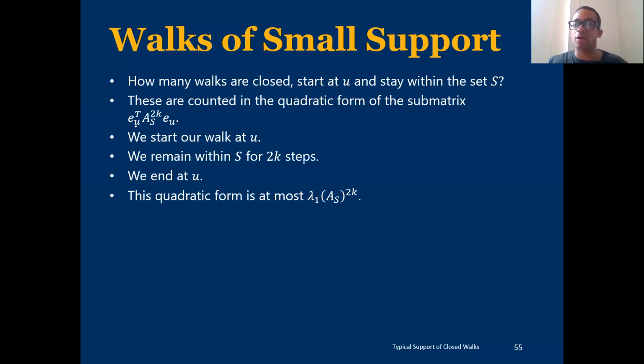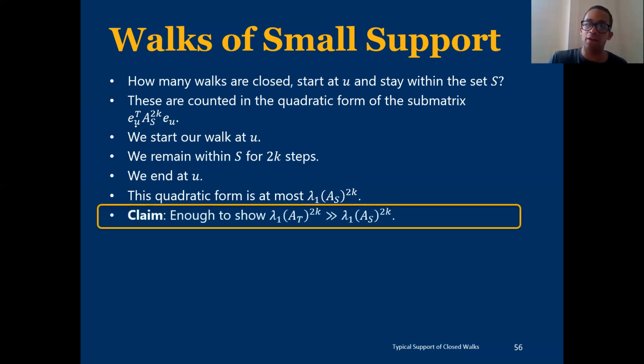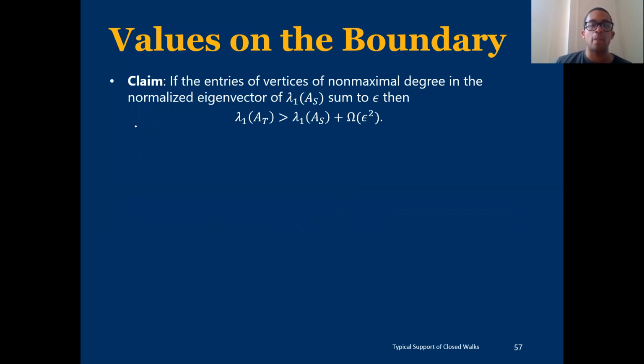And this can be thought of as an estimation of this quadratic form. What we claim is that this estimation is actually good enough. If we can show that for this larger set T, the top eigenvalue satisfies the inequality that lambda 1 of A_T raised to the 2k is significantly greater than lambda 1 of A_S to the 2k, that shows that there are many more closed walks on T than on S. Okay, so how do we do this?